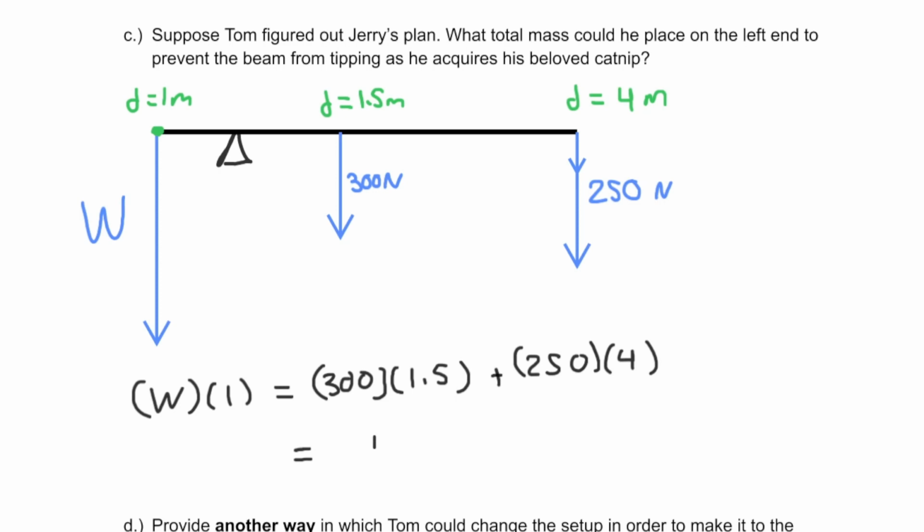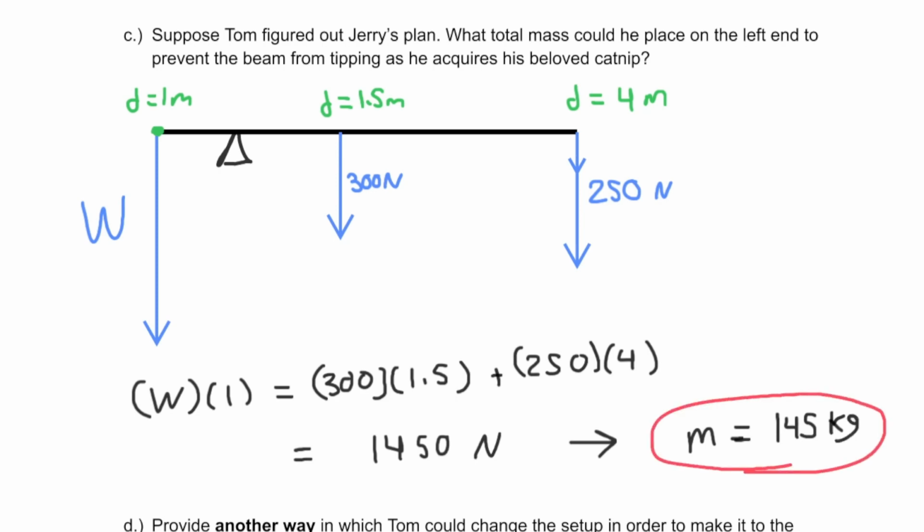So that means our mystery weight force is 1450 newtons. And dividing by g equals 10 meters per second squared, we get the mass required is 145 kilograms. So much larger than the 100 that was originally there, but not impossibly so.